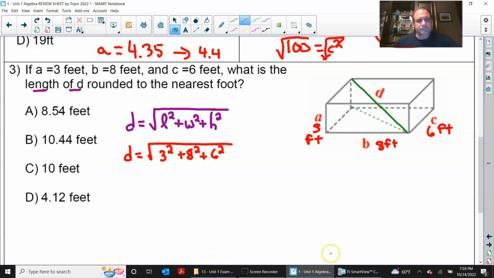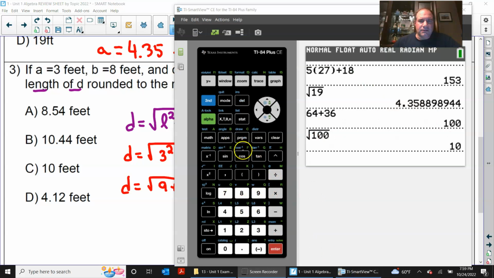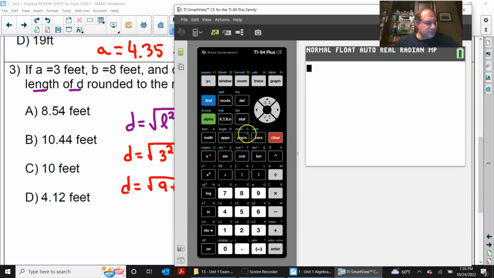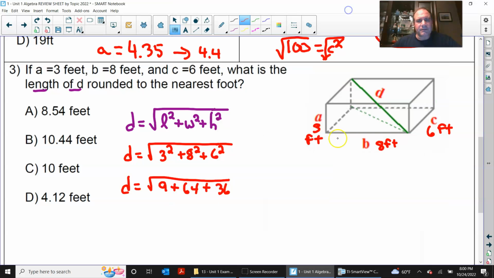And you really don't even have to take it this far, but you could do 9 plus 64 plus 36, and all of that together is 109. D equals the square root of 109.